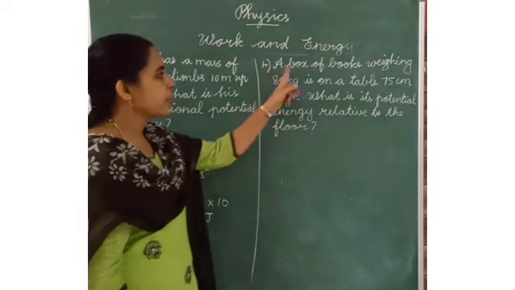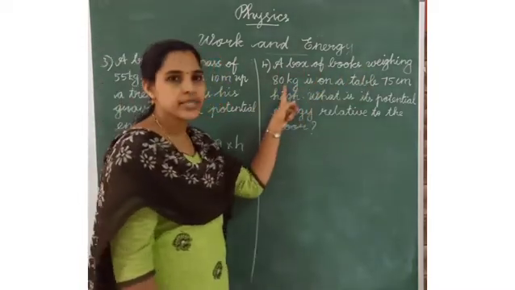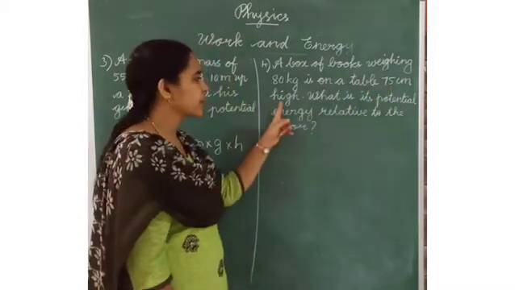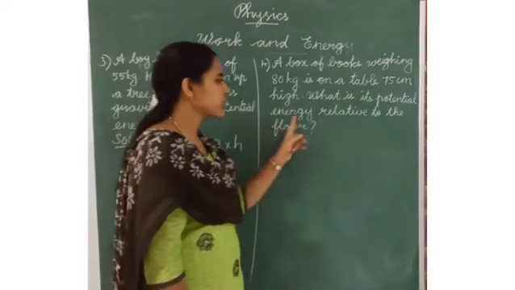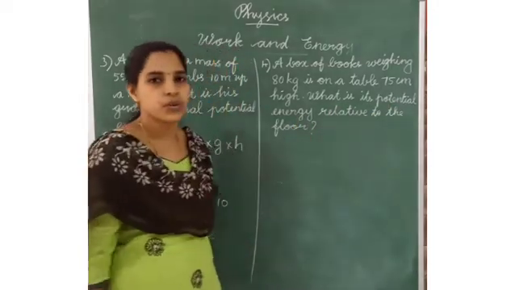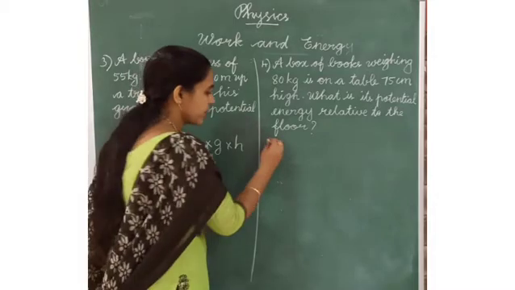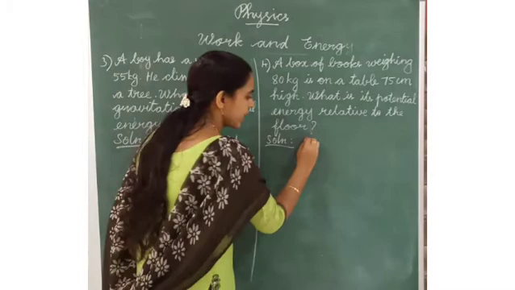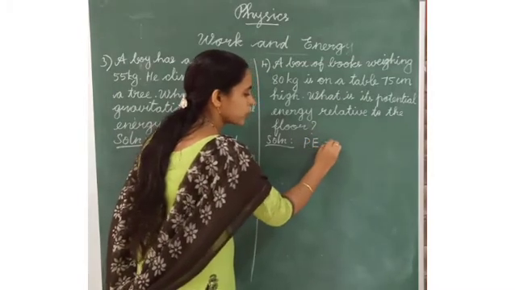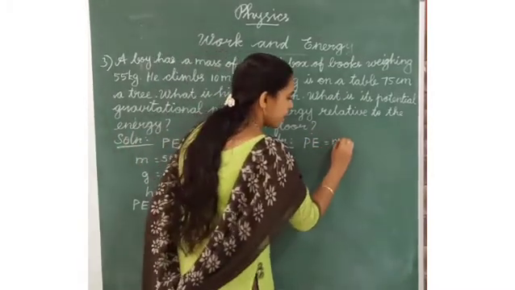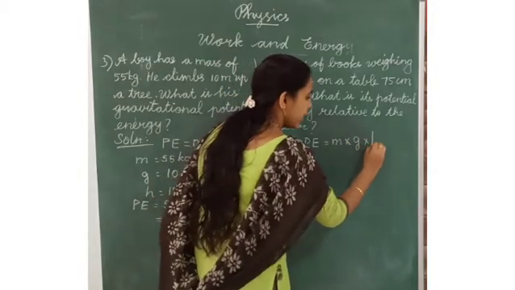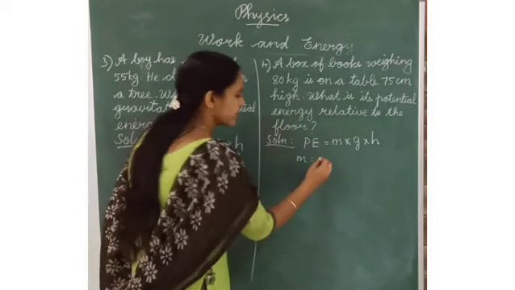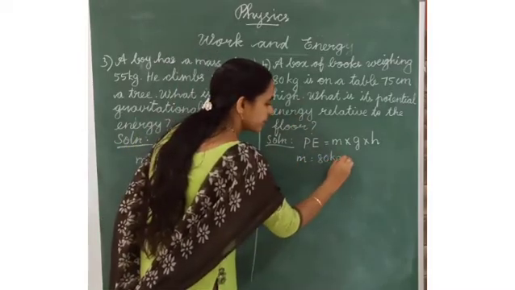Next question. A box of books weighing 80 kilogram is on a table 75 centimeter height. What is its potential energy relative to the floor? Understand the question? Solution. To find the potential energy, write the formula. Potential energy is equal to m into g into h. M is equal to 80 kilogram.